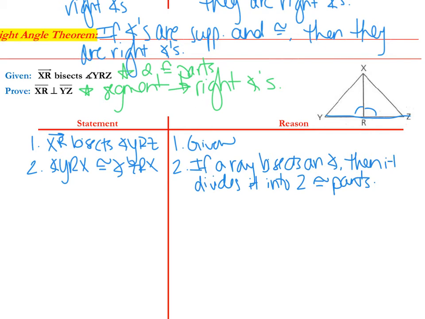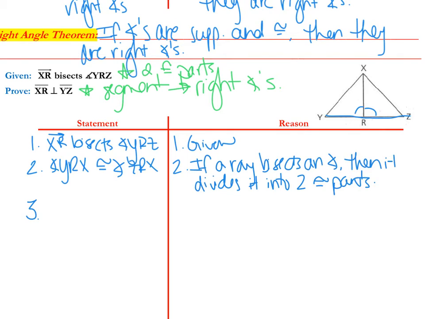Okay, so I know that those two are congruent, and kind of thinking about the previous proof, we know that YRZ is a straight angle, which means a line. So is there somewhere I can start working with right angles? The right angle theorem. So I need to prove that these are right angles.